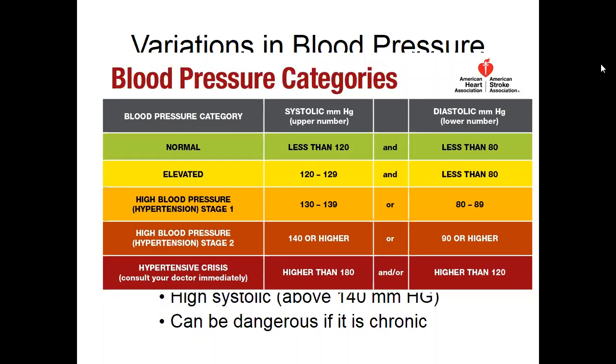All right, the reason I wanted to stop is because I had the wrong guidelines in here due to the transfer of data from one computer to the other. Just a few months ago, the guidelines for blood pressure categories changed. This is from the American Stroke Association and American Heart Association guidelines. We've always said we want to keep blood pressure under 130, 140.